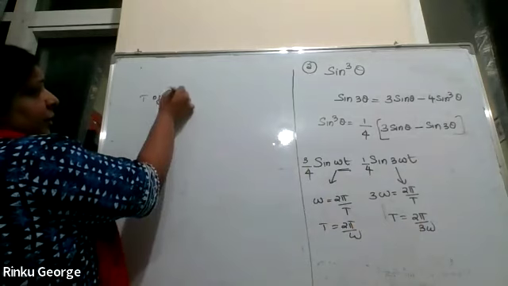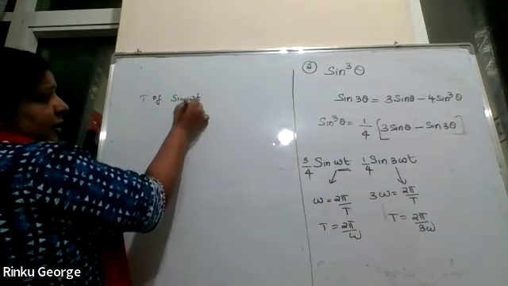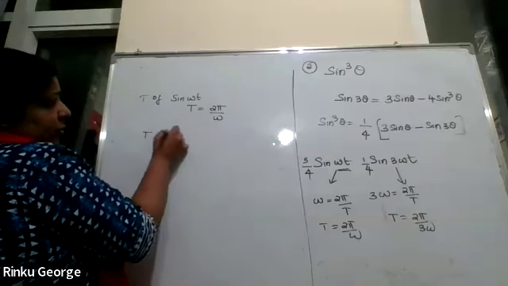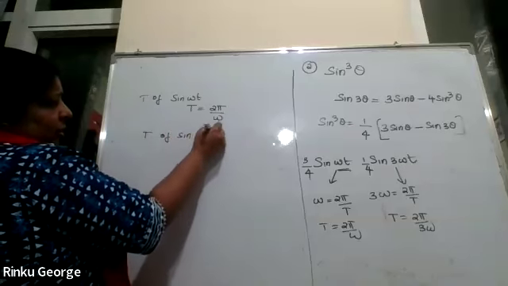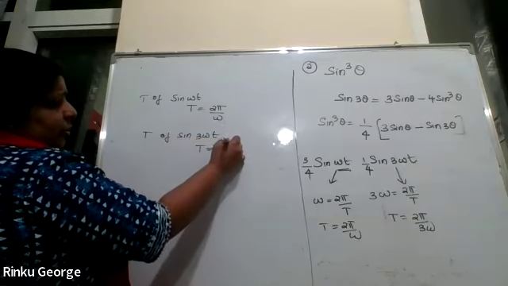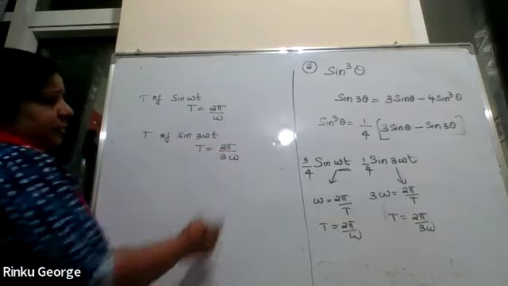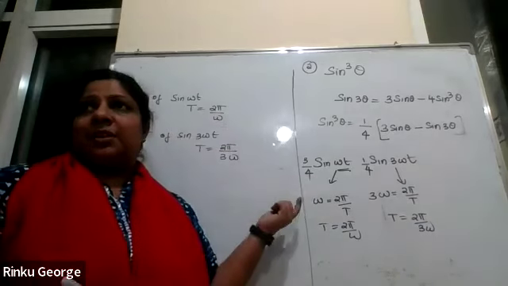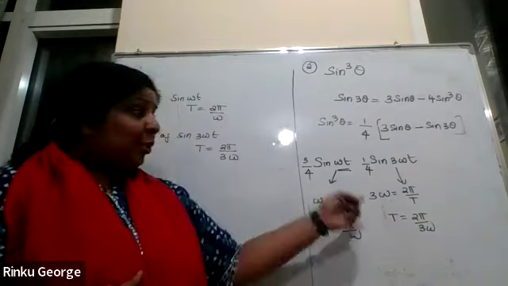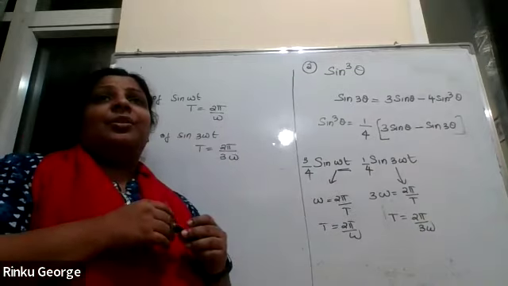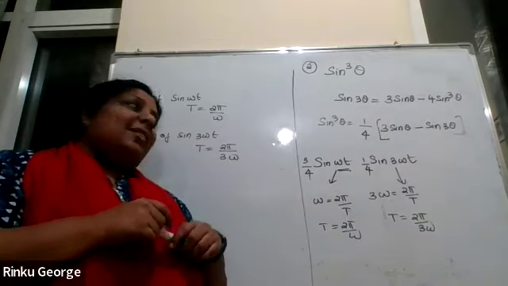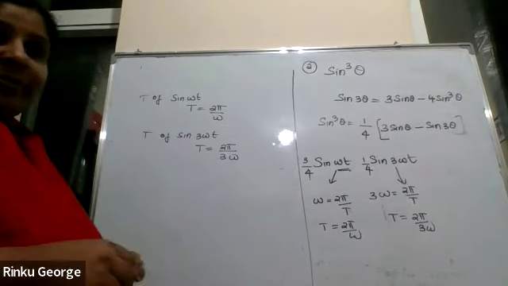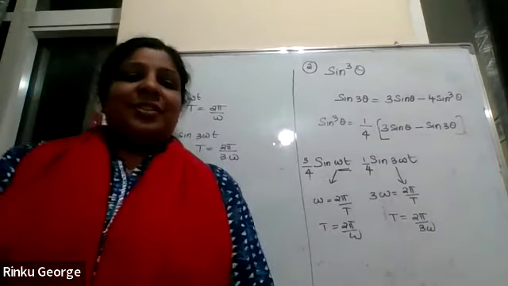Time period of sin omega t, T is equal to 2 pi by omega, and time period of sin 3 omega t is T equal to 2 pi by 3 omega. Did you do it? Don't write it 2 times.